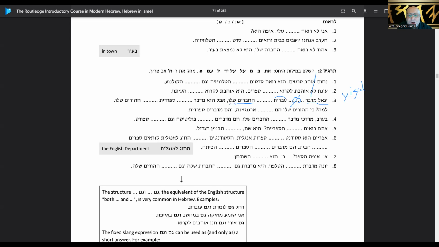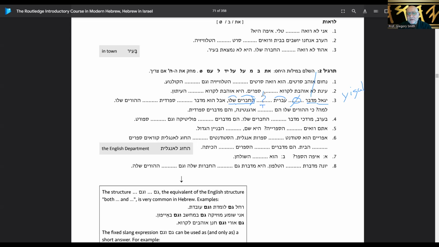Blank haverim shelo. This has got to be to his friends. So this is literally the friends. Shelo would be belonging to him. So I'm thinking probably it's going to be a lamed, and it's going to be either a patach or kamatz. So this would be X'd out.